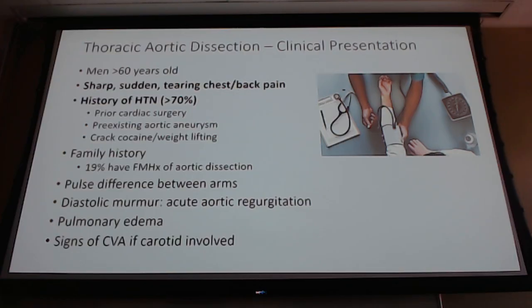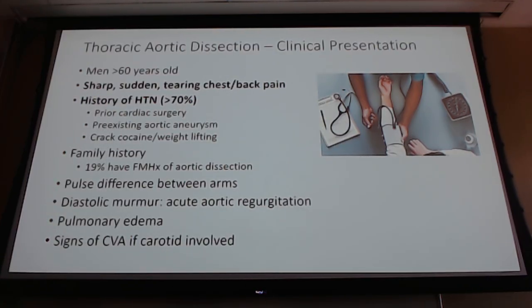All right, so dissections. Men over the age of 60 are where we're going to see it more often. They're going to have sharp, sudden, tearing chest pain or back pain. A history of hypertension is very, very likely, in more than 70% of patients.